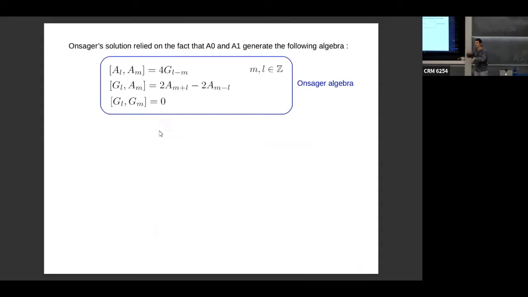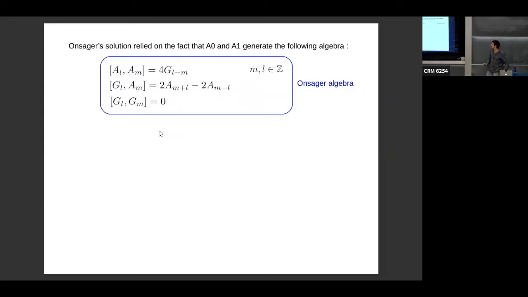If you take commutators of them and commute and commute and commute, you'll see that you generate an algebra which you can express in terms of two infinite sets of generators, a_m's and g_m's for m positive or negative integers, which satisfy this algebra here. And this is the celebrated Onsager algebra. From there and a few more details, Onsager was able to solve the Ising model, basically. So that's really instrumental.